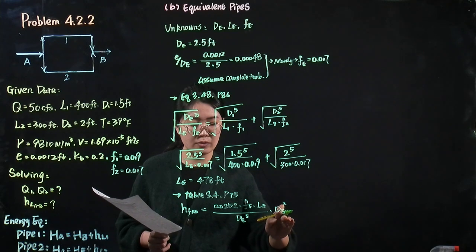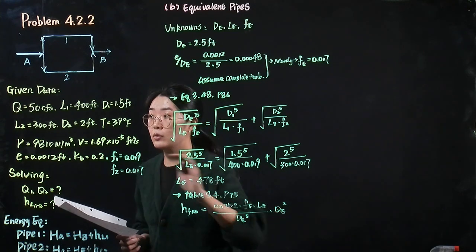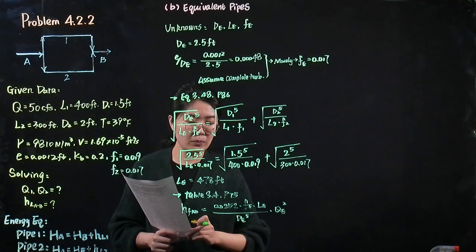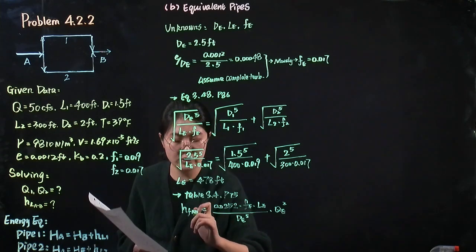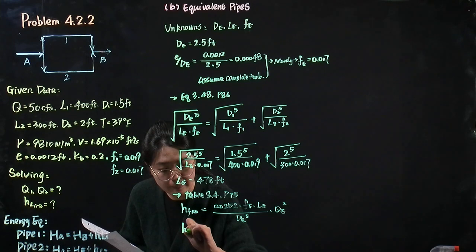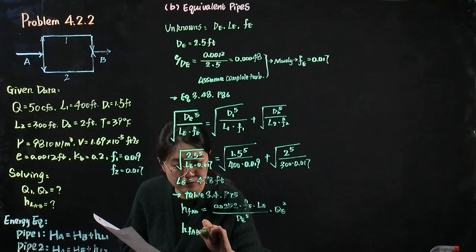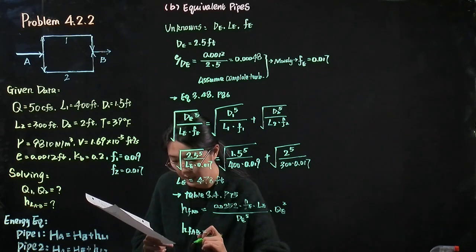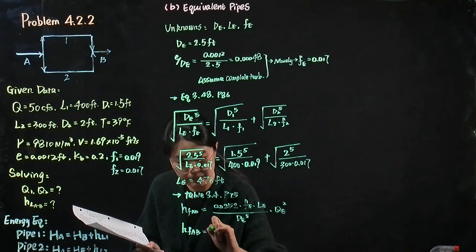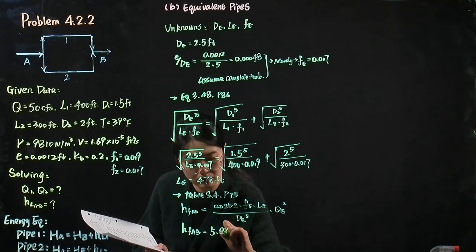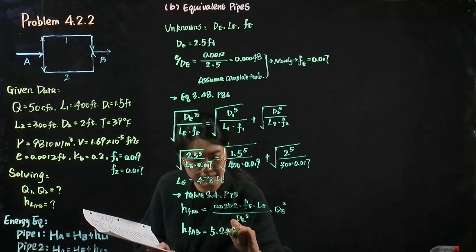The equivalent flow rate is the total flow rate, which is 50 cubic feet per second. After we bring this value back to this equation, we can get the friction loss from point A to point B. It equals to 5.24 feet.